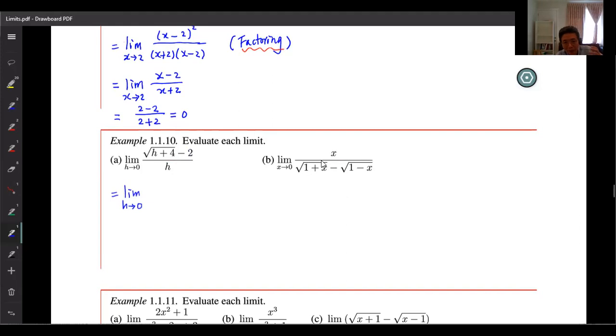In calculus, both are common. Rationalize numerator or denominator, both are very common, even though in algebra you do only denominator rationalization. So let's try. How do we do this? Again, let's review the algebra.